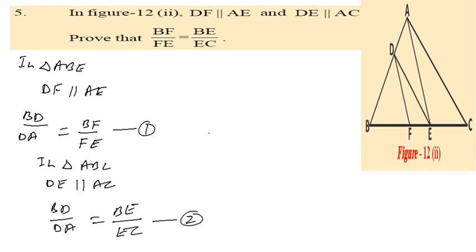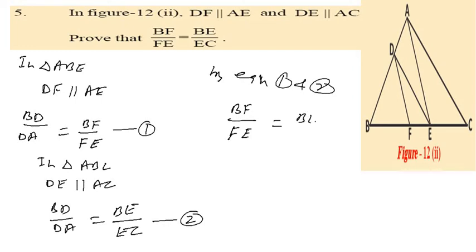So equation second. So by equation first and second, what will happen? The left hand side of both are equal. So you can write here right hand sides are also equal. So by equation first and second, BF upon FE will be equal to BE upon EC, and hence proved.